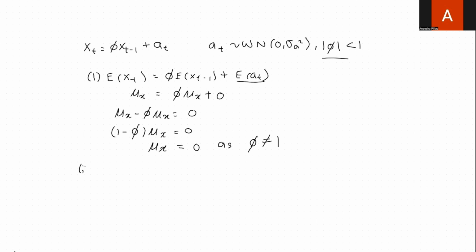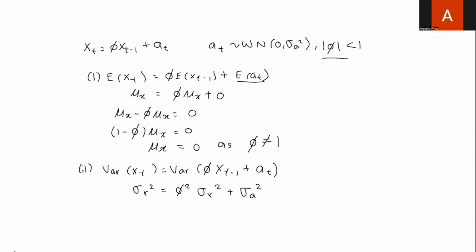So now let's check on the variance. Variance of x_t is equal to the variance of phi x_{t-1} plus a_t. So this one will become sigma_x square, right? Then here phi square sigma_x square, because I'm taking out the variance, so this one is squared, plus your white noise variance, which is constant.